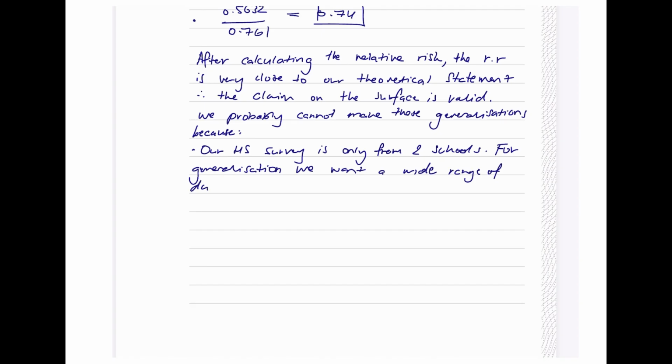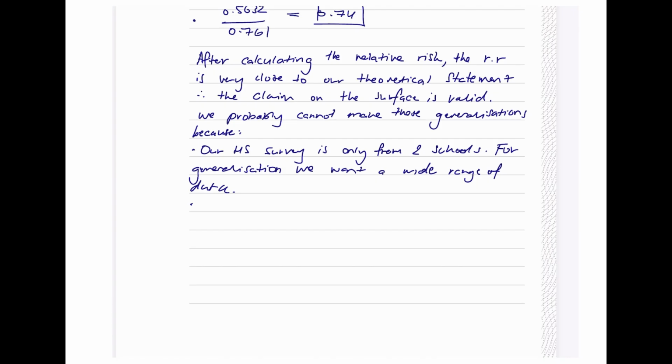For example, if I just interview 2 high decile schools, that's not going to be representative of schools. If those 2 schools were in Auckland, that doesn't represent schools in Kaitaia, for example, that might not be super high decile. So we need a wide range of data, right? That's something that we can't simply generalize.